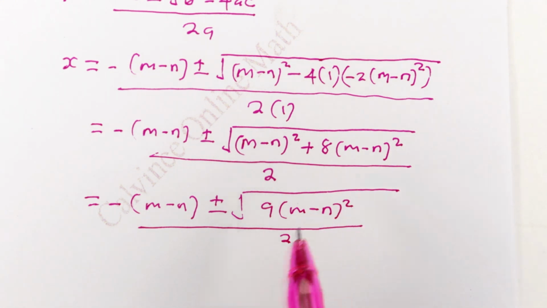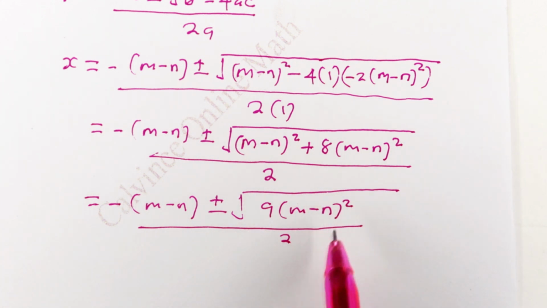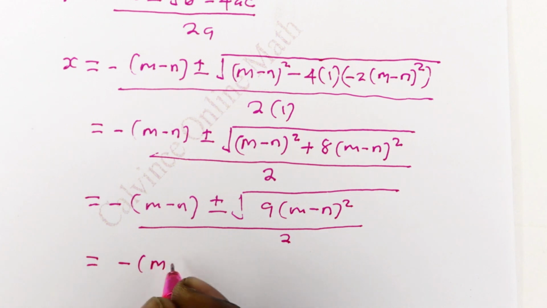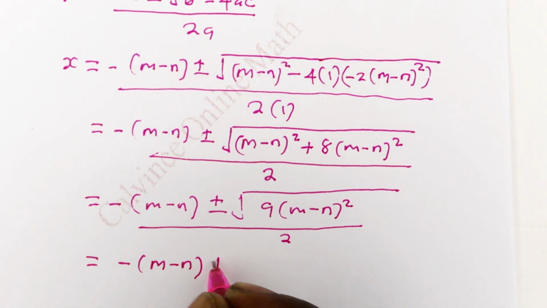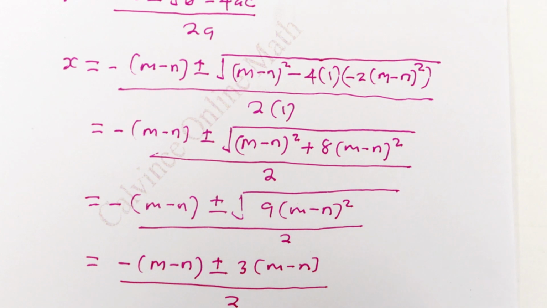Now whatever we have under the root is a square. We can get the square root of 9 and then the square root of this other one. So what we are left with is minus (m minus n) plus or minus 3 into (m minus n), and that is over 2.